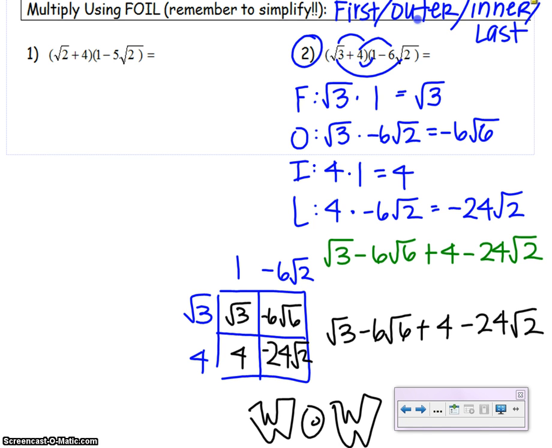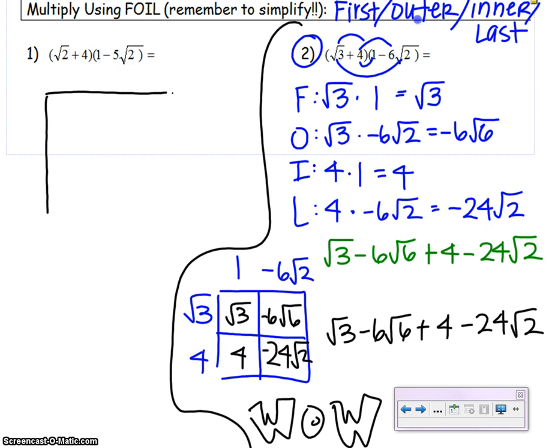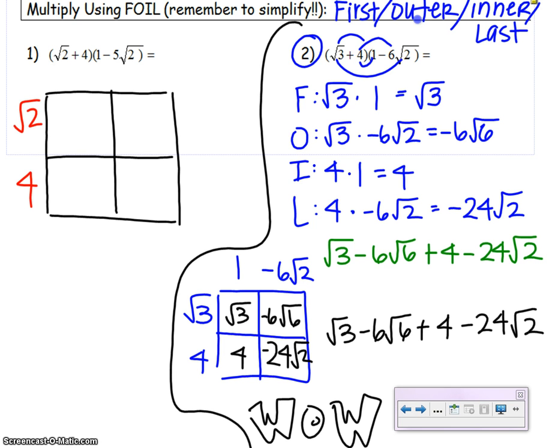Okay, so for that first problem, let's go ahead and use this box method because I just learned it and I'm pretty excited about it. So we set up our box, and you can do FOIL if you would prefer. So we'll put the square root of 2 and 4, and then 1 and negative 5 root 2 on the other side.